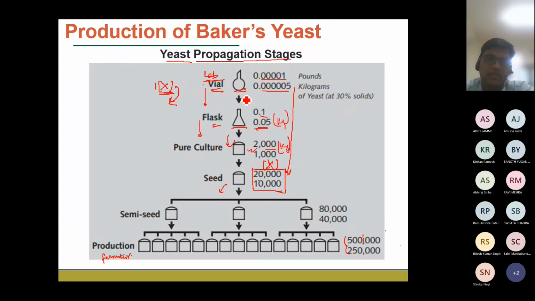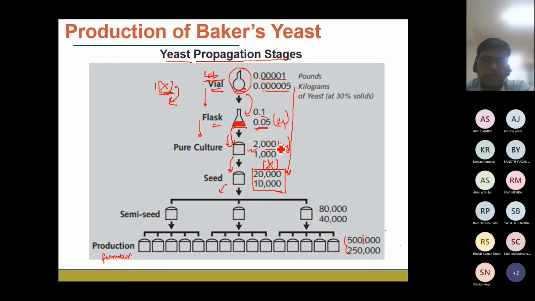Initially we have the microbial strain stored in a vial-like system, as we have seen in how we can preserve these different microorganisms. It is either preserved in some sort of slant, and then it requires a revival of the culture. So we carry out the fermentation in a flask, and after we obtain an adequate concentration of cell biomass, that is transferred into the first pure culture, and then into the second seed culture.